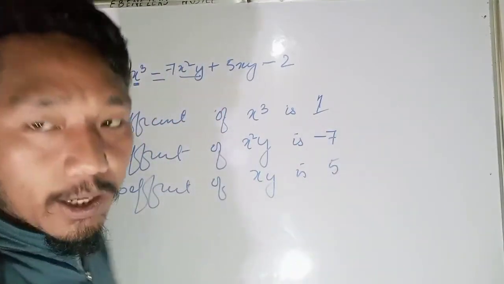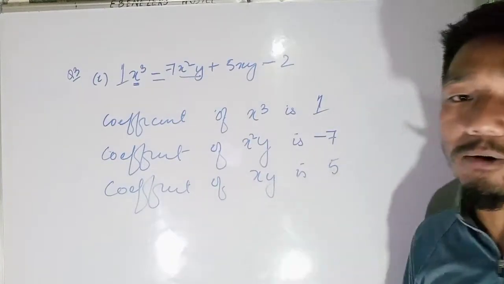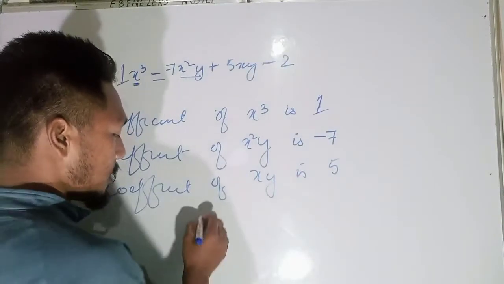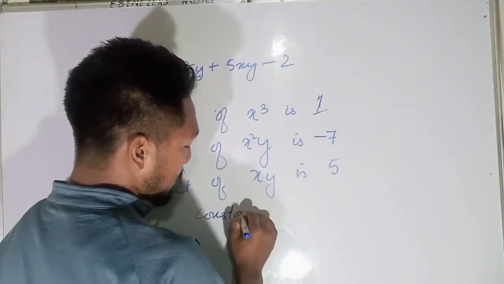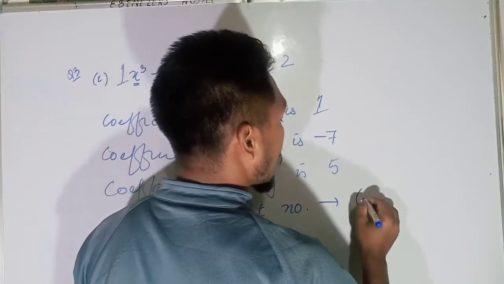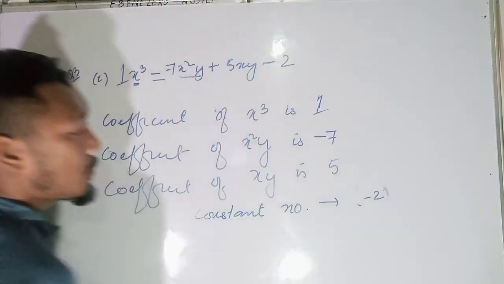And the number 2 is a constant number. The constant number is also a numerical coefficient, that is minus 2.